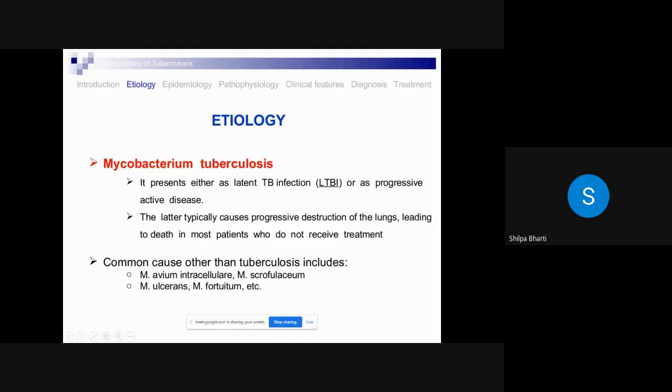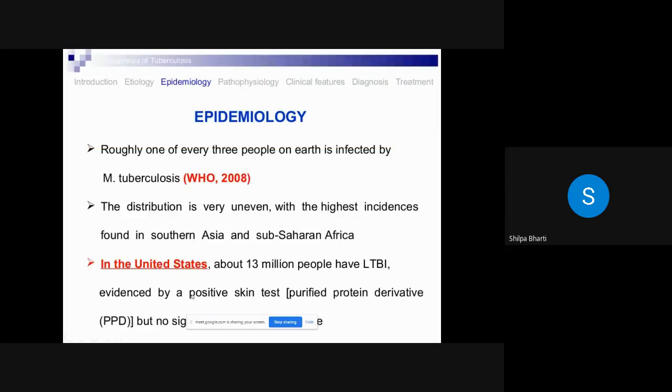Others can also cause this lung disease, but these species are less common. For example, Mycobacterium avium intracellulare, Mycobacterium scrofulaceum, Mycobacterium ulcerans, Mycobacterium fortuitum. So these are some other uncommon species.